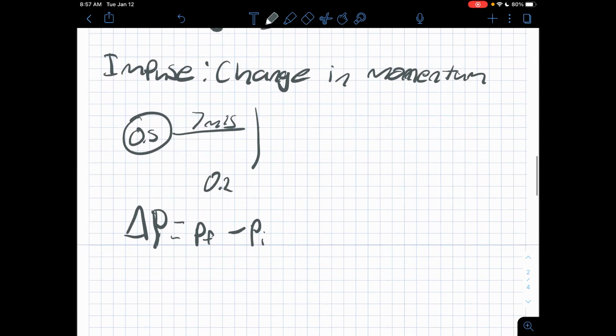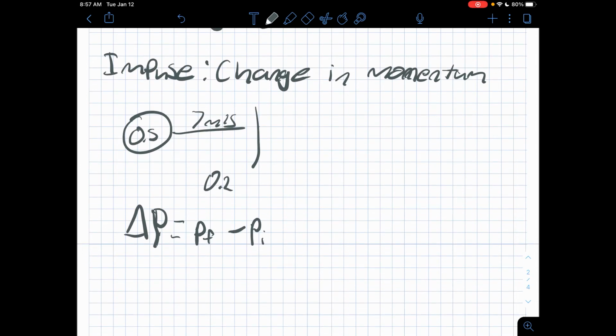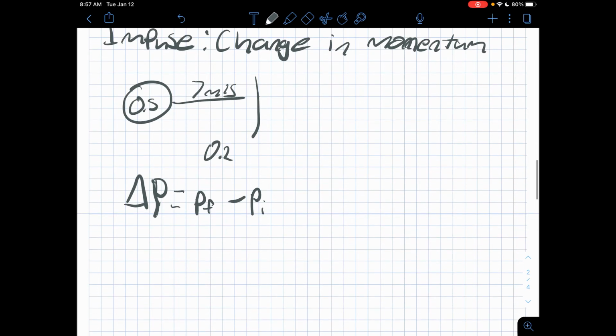Or if you want to use the other one, the force times the change in time: change in momentum is equal to force times the change in time. Typically it's just the total time, but if you're using a set time within, then you want to use the final time subtracted by the initial time.